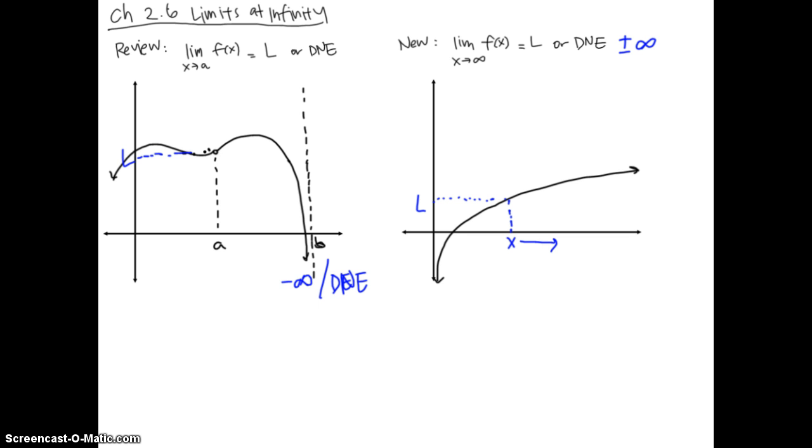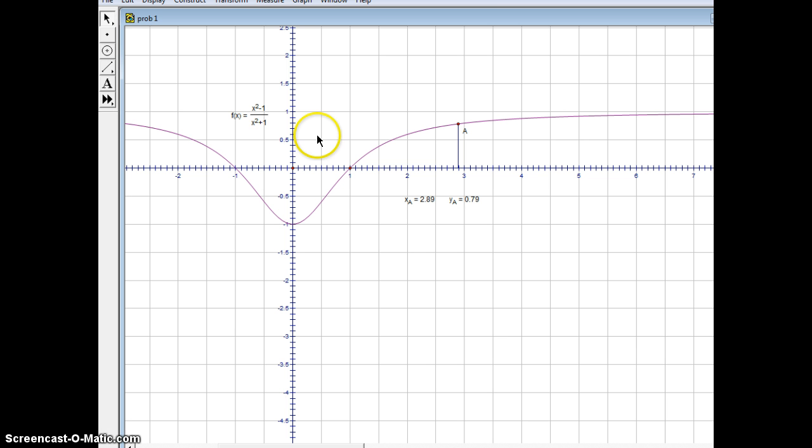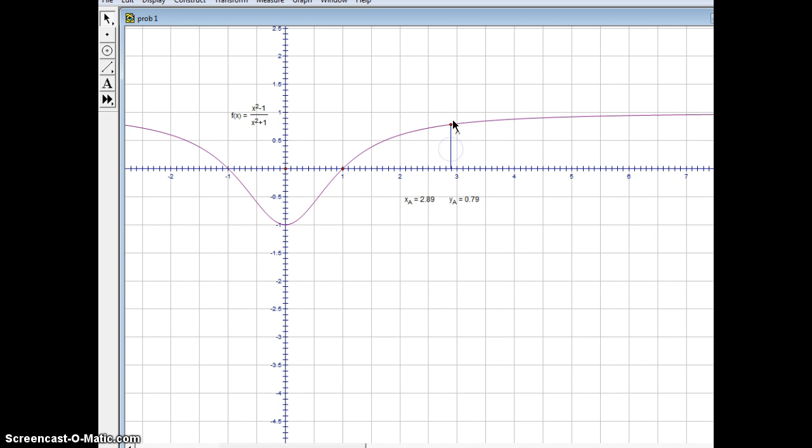So now let's take a look at some examples. In this example, we have the function x squared minus 1 all over x squared plus 1. The graph looks something like this. Now what I've done here is I've made an x that's movable. So I can make x very small. I can make x equal to 1, which if you take a look at the output should reach 0, because if I plug in 1 here, my output is 0.